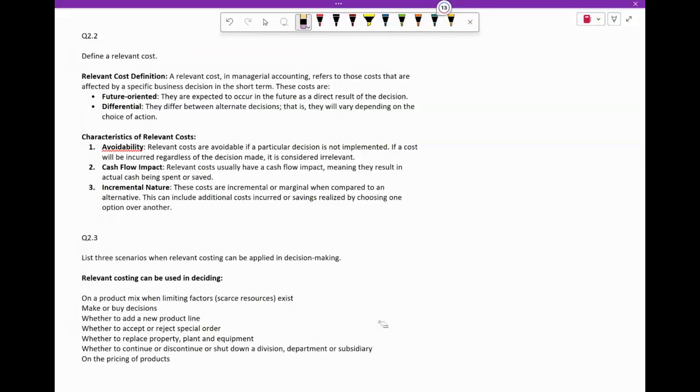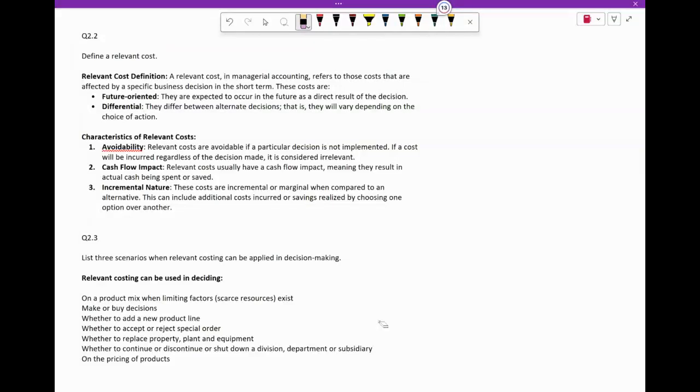Right. Then obviously, characteristics of relevant costs, you wouldn't have needed to actually add this in, but I just thought it's good information to be aware of when it comes to relevant costs. Avoidability: relevant costs are avoidable if a particular decision is not implemented. So in other words, you pick the alternative.